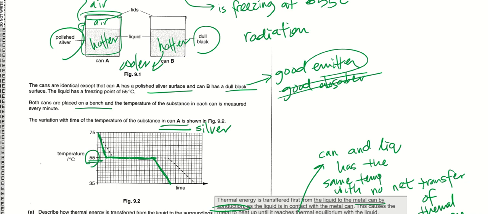By this point all the liquid in can B has already become solid, but it is still at a temperature of 55 degrees, so it will drop to 35 degrees at a higher rate. Okay.